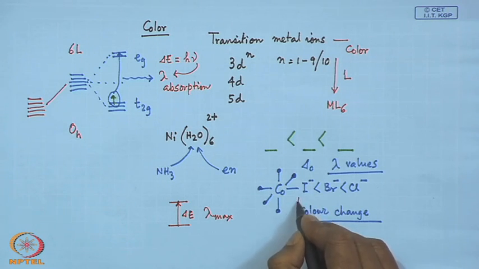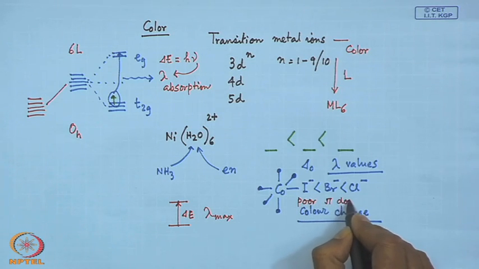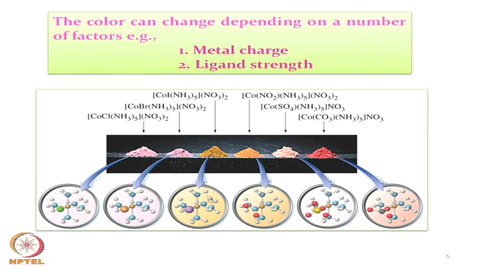So, they are poor pi donors. That will classify nicely when we see the entire spectrum of these groups which can be attached to the cobalt center.